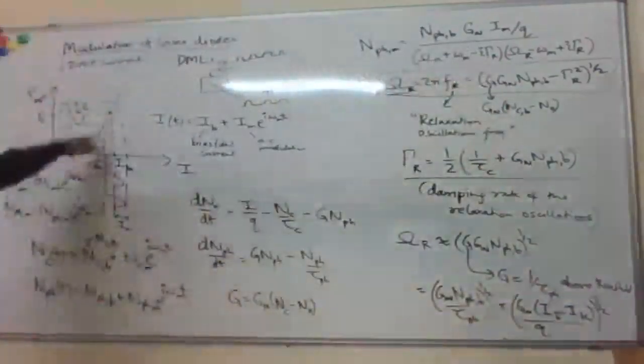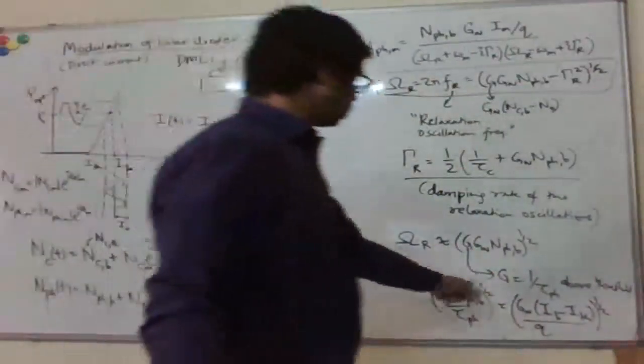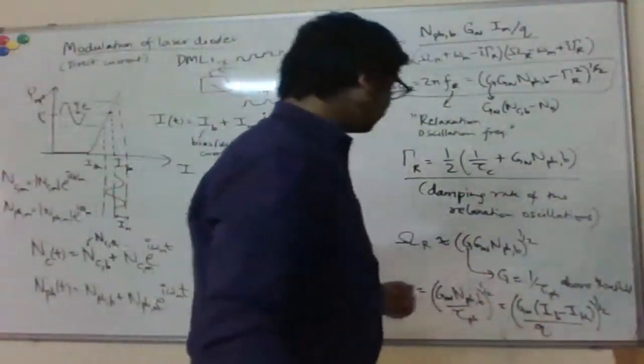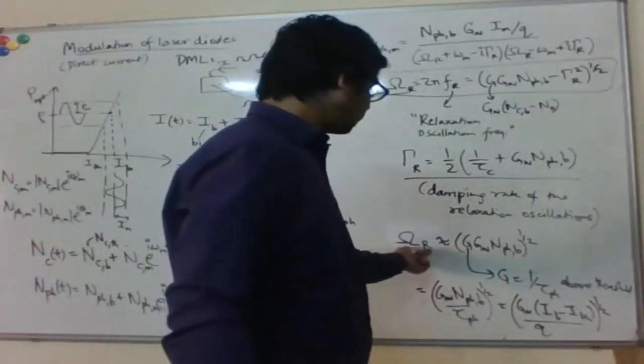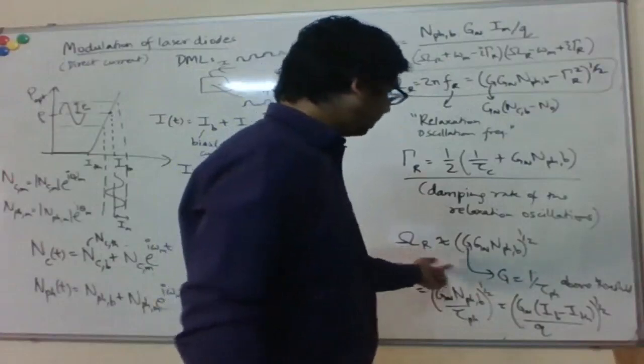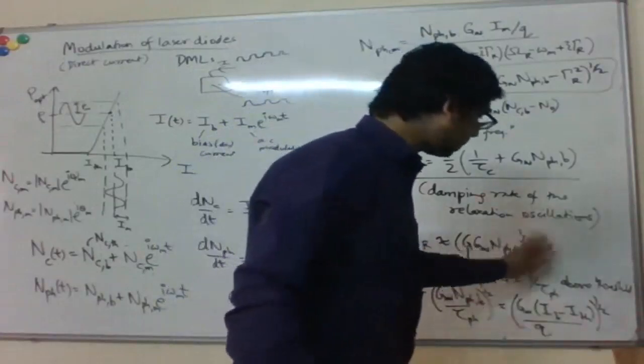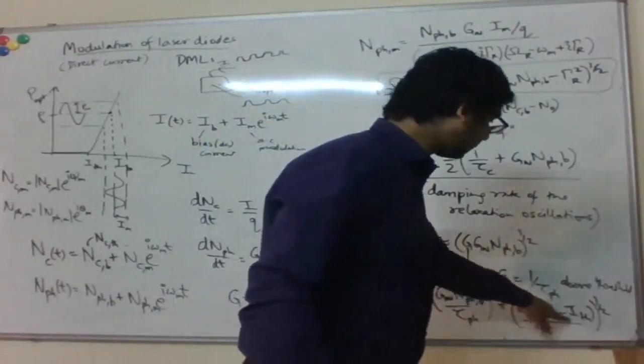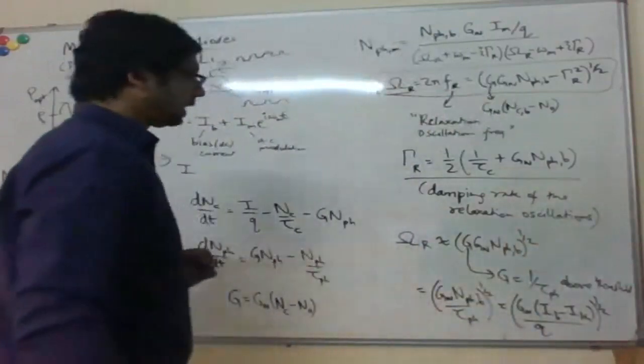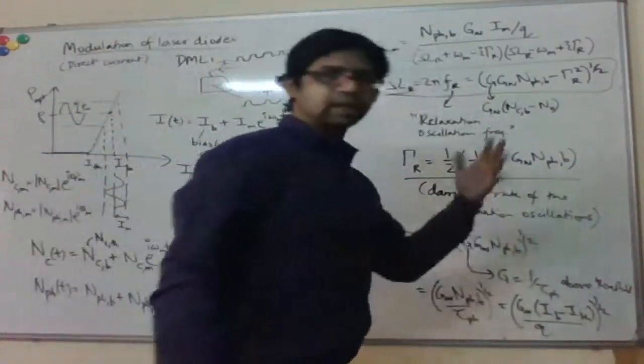This linear relationship shows directly that the relaxation oscillation frequency depends on the bias current, or how far the bias current is above the threshold current, and then this G_N, which is a constant of the material.